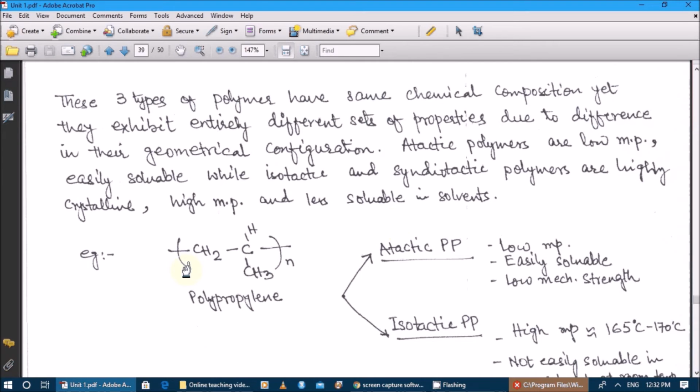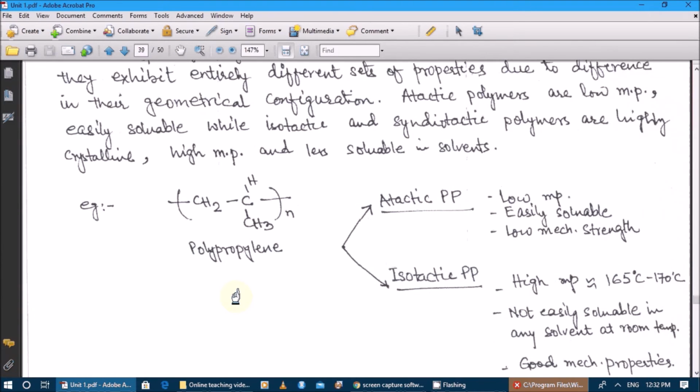Correct? Here is an example of polypropylene. Polypropylene is a polymer that may exhibit both isotactic and atactic, and even sometimes syndiotactic structure also. So if propylene is polymerized with the help of free radical polymerization process, it will form the atactic polymer.